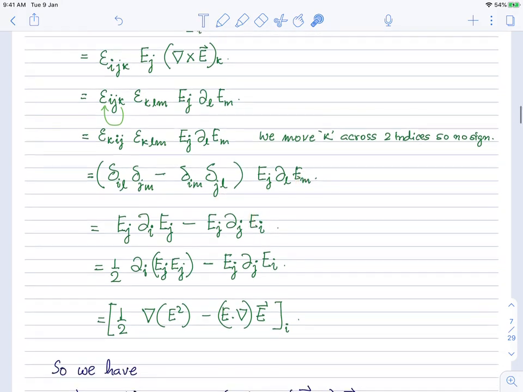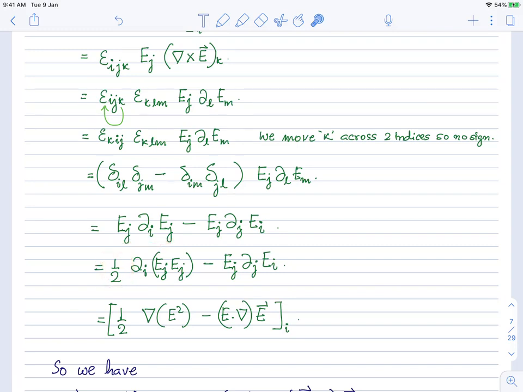So in terms of indices, this reduces to this, and again, because this is Ej del I Ej, I can take one Ej inside and use a factor of half, because this will again have two terms which are identical. If I reduce it by half, I'll get back this.